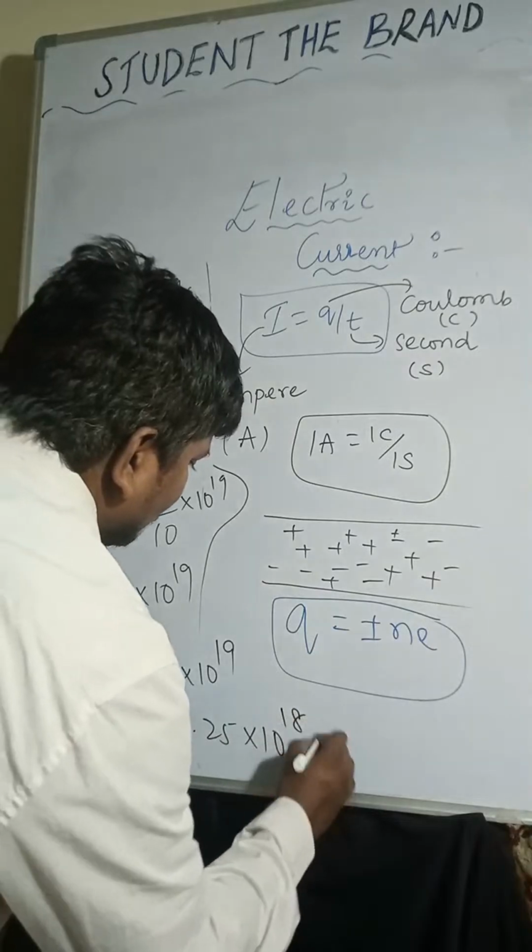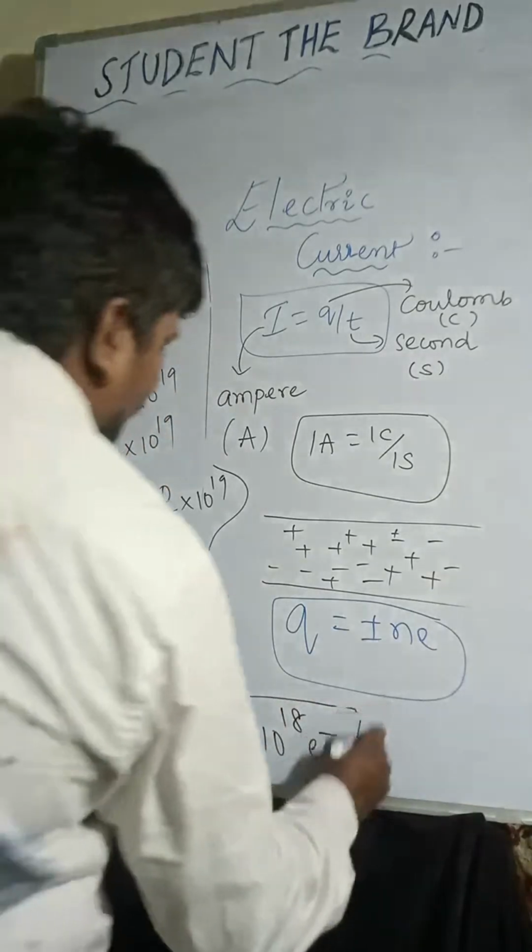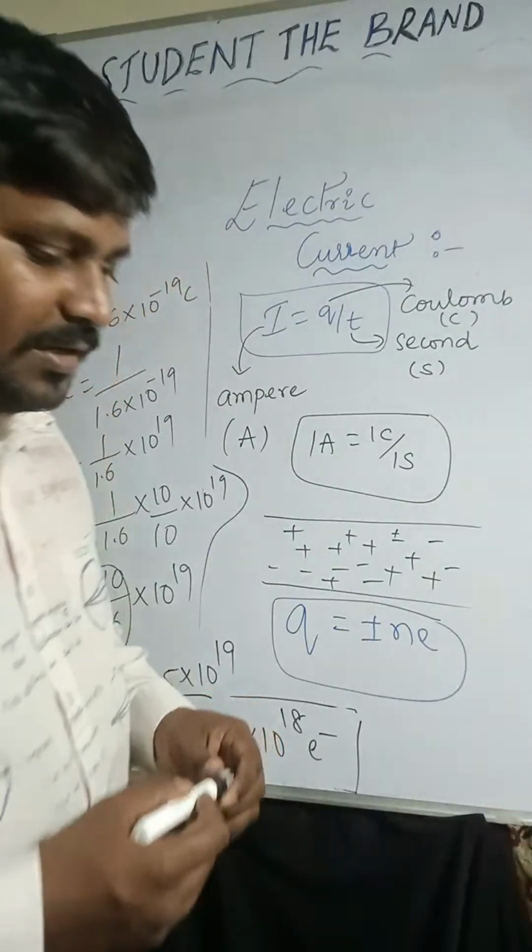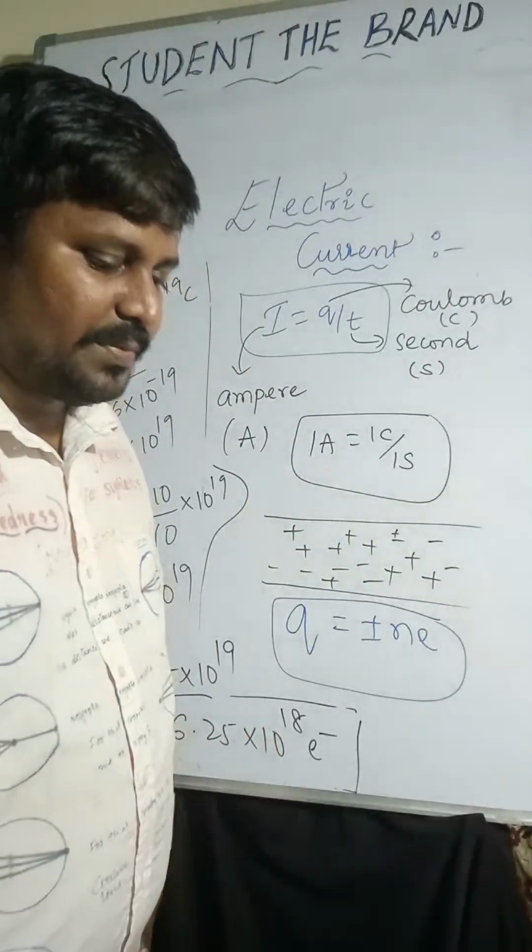So in one coulomb, 6.25 into 10 power 18 electrons are present. I hope it is very clear.